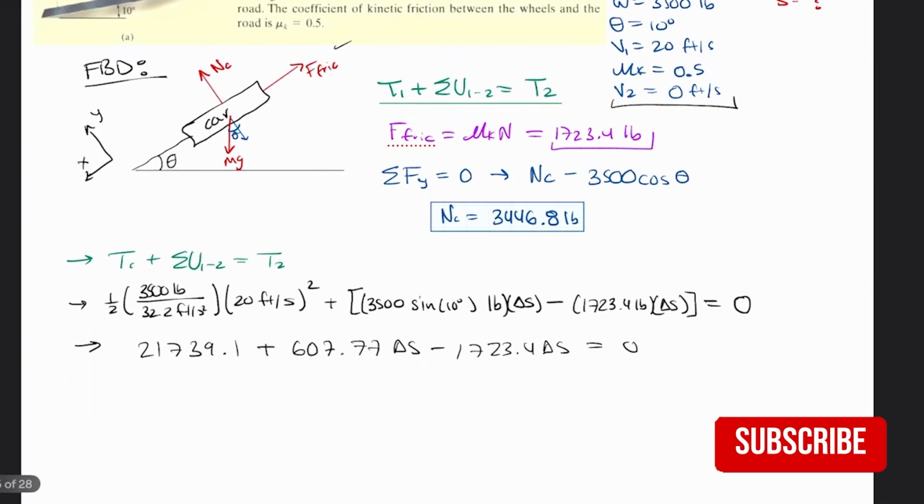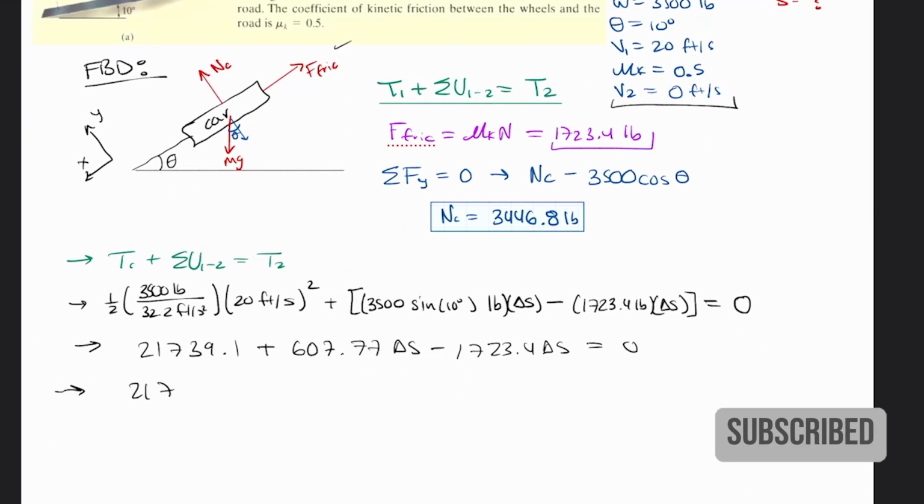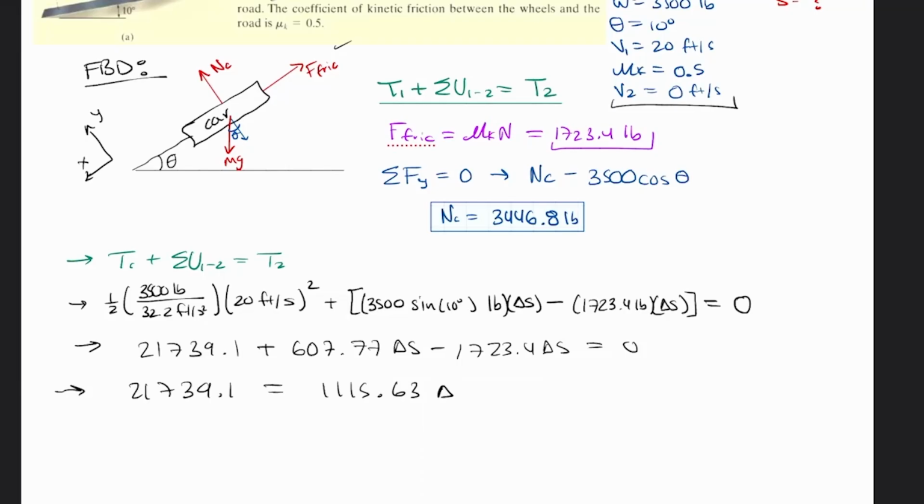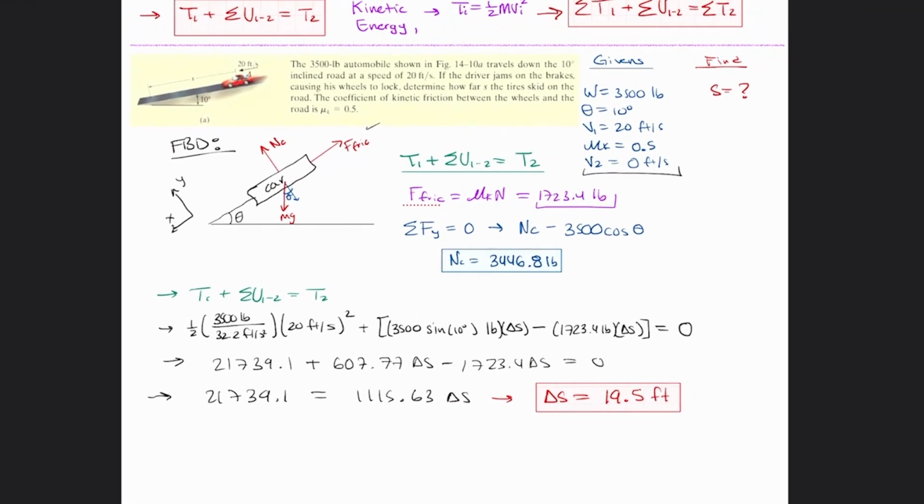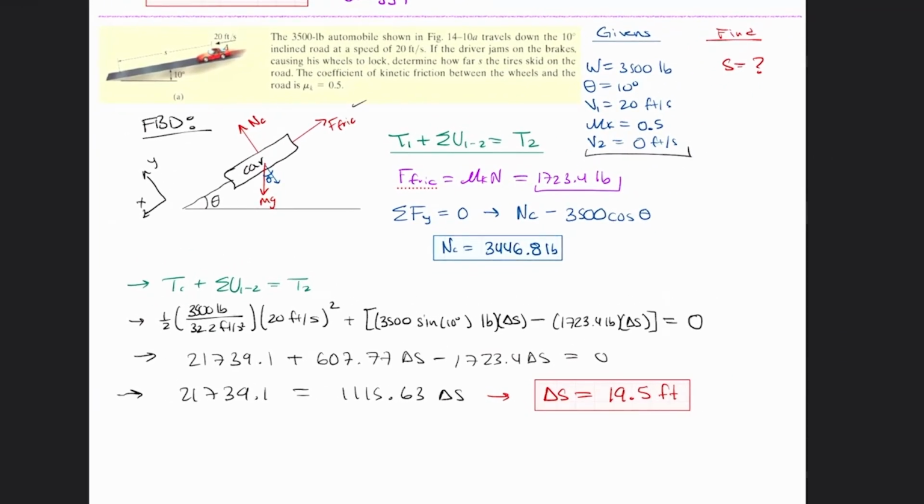We can combine those terms with delta S and we'll get 21,739.1 equals 1,015.63 delta S. Since we're looking for delta S, or the total length, we'll find here that the distance it takes for the car to stop, if you divide this, should be 19.5 feet. So it will take the car about 19.5, or almost 20 feet, to come to a complete stop.